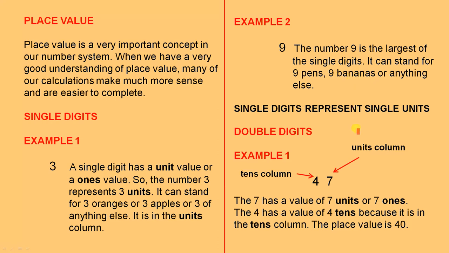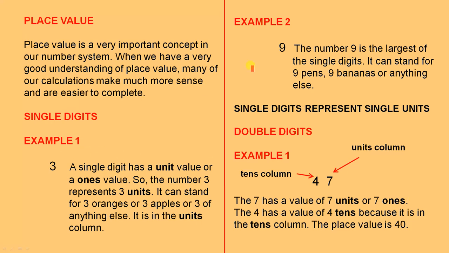Double digits. Example 1. 47. There are 2 digits. That's why we call them double digits. The first column is the units column, and this is the tens column. Now let's look at what this actually means. The 7 has a value of 7 units or 7 ones.